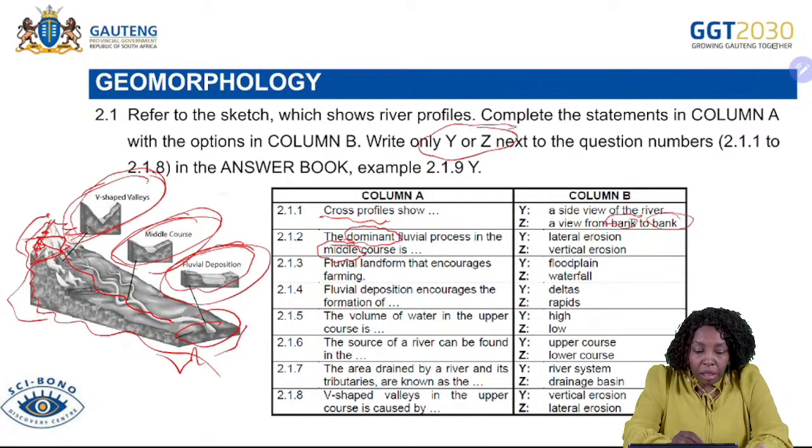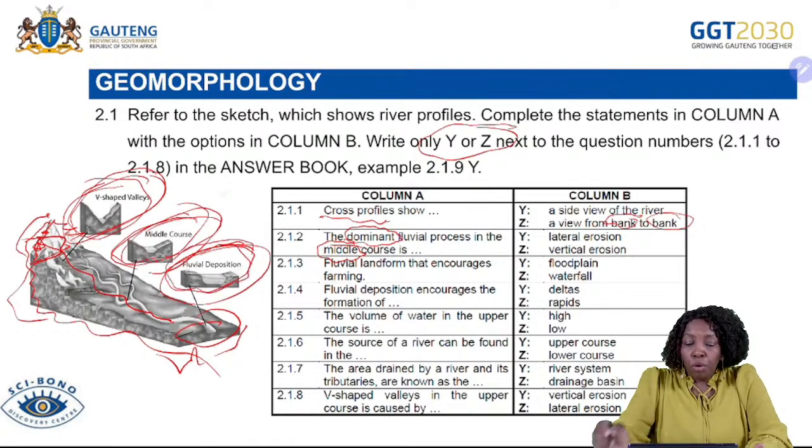You have been given these cross profiles here that are indicating the upper course. This would be your upper course, this would be your middle course, and this would be your lower course. So in which of these river courses are we going to find the dominant fluvial process in the middle course, which one is it?